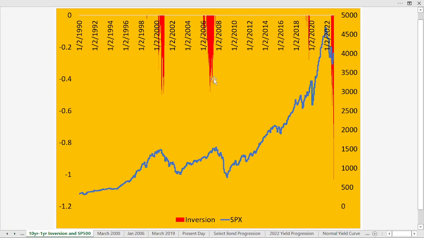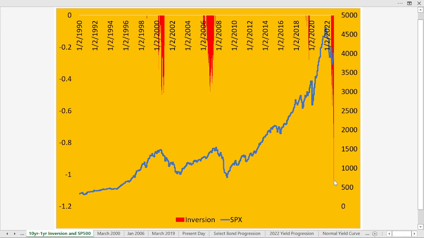So in this case, we see a 50 basis point inversion in the year 2000, 2007. We have a 100 basis point or 1% inversion in the year 2022. That's a much deeper inversion. It means that the 1-year bond pays a significant amount, actually double the amount that it paid in 2006 or 2000 versus the 10-year. So this is a much deeper inversion.